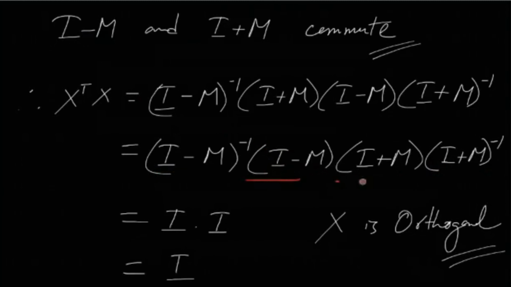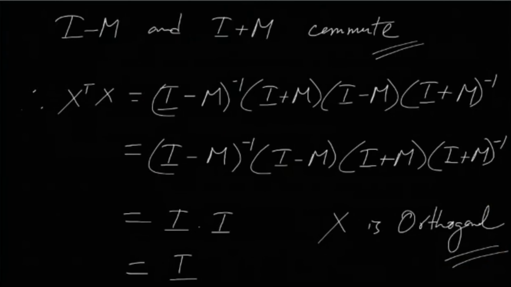So this part is I minus M into I plus M, and I minus M inverse into that is I, and the remaining third and fourth terms again give I. Therefore ultimately X transpose X is I, the identity matrix. Therefore X is orthogonal. So our answer is that the given matrix is orthogonal.